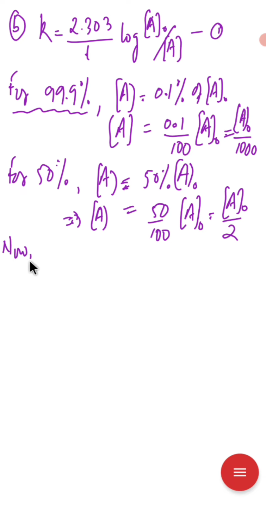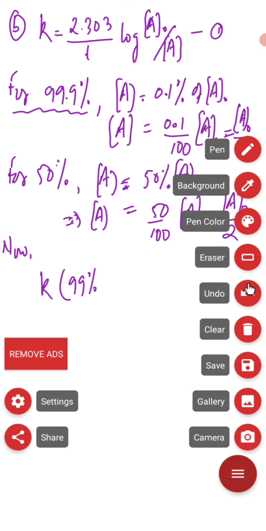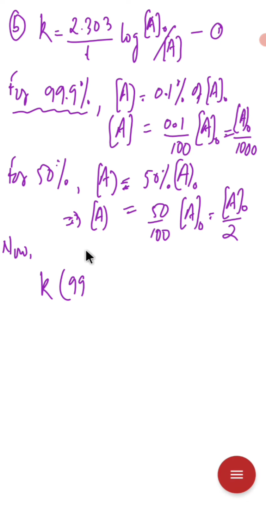Now I put this relation: K for 99.9% completion of the reaction will be equal to K for 50%, because K does not depend upon the extent of the reaction. It only depends upon absolute temperature, so K will remain the same.